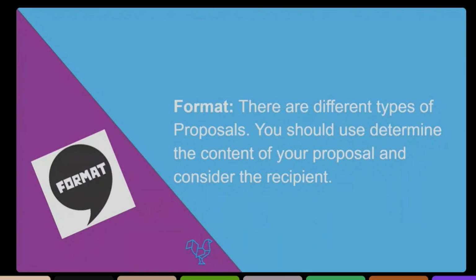Since you have knowledge about the DAO you're writing to, you can use that to consider the type of format you should use. For example, let's say you're writing to a new DAO that doesn't really understand much about crypto.